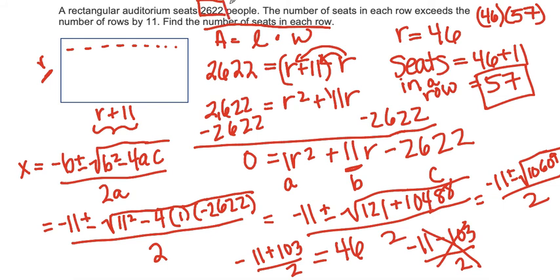Let me do that on my calculator. 46 times 57, and I get 2,622.